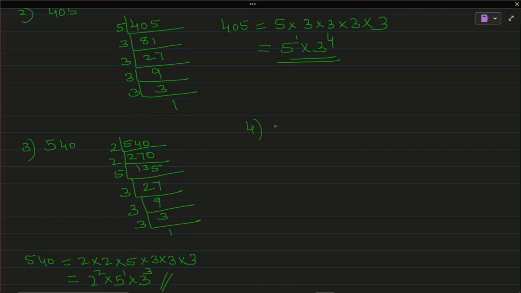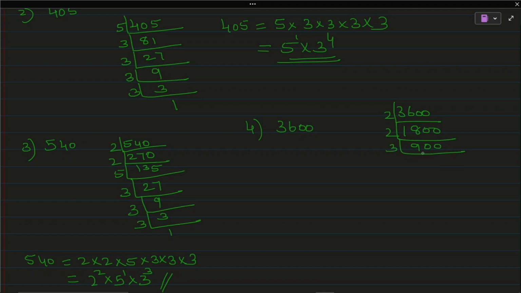The fourth one, 3600. So 3600, first we can divide by 2, 1800. Now again 2, that is 900.